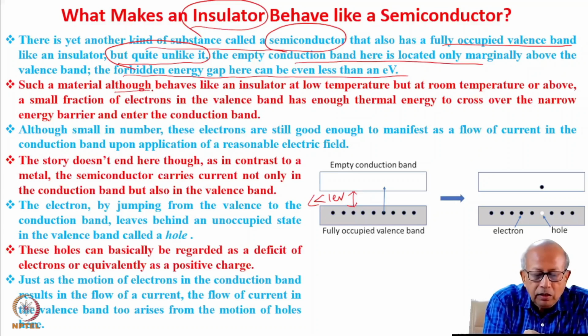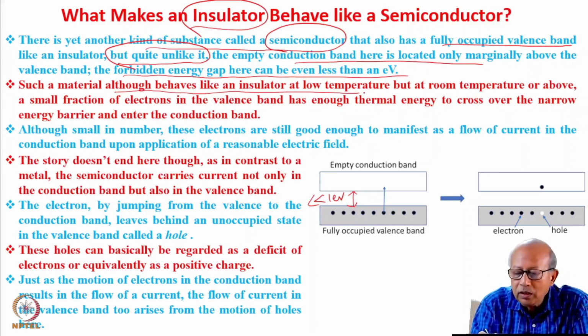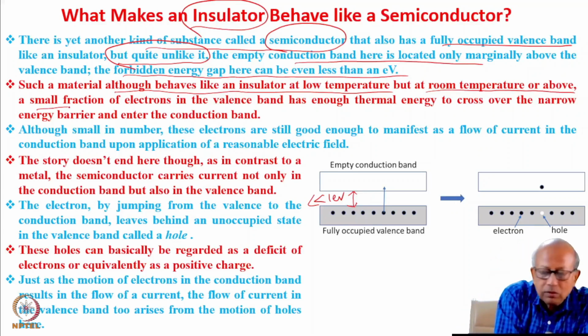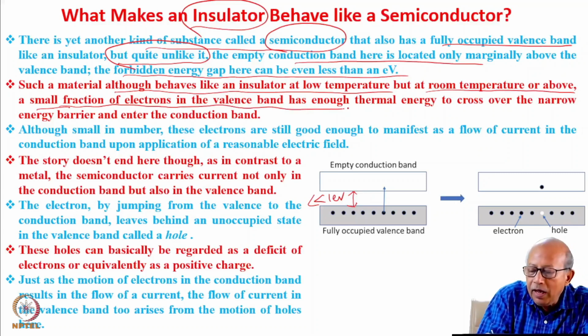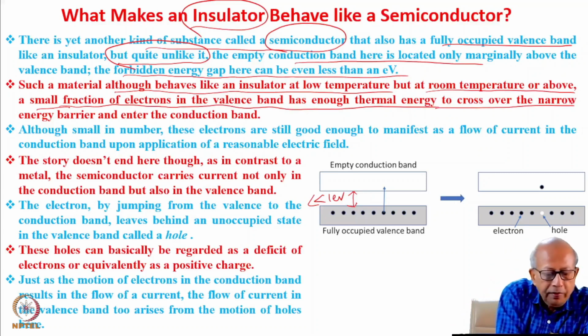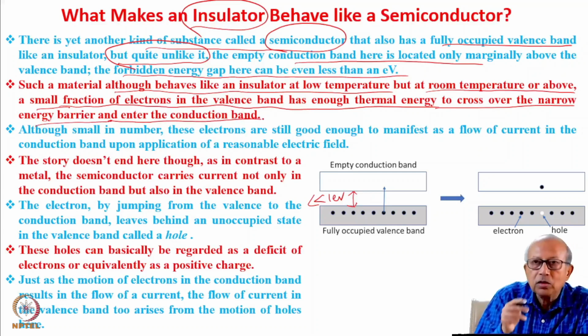Such a material, although it behaves like an insulator at low temperature, at room temperature or slightly above room temperature, a small fraction of the electrons in the valence band has enough thermal energy to cross over the narrow energy barrier and enter the conduction band.